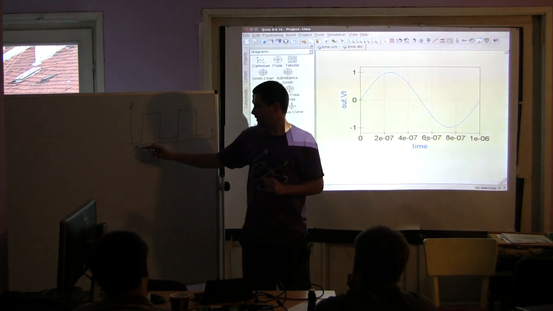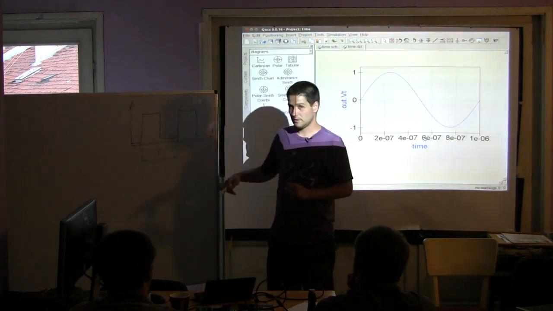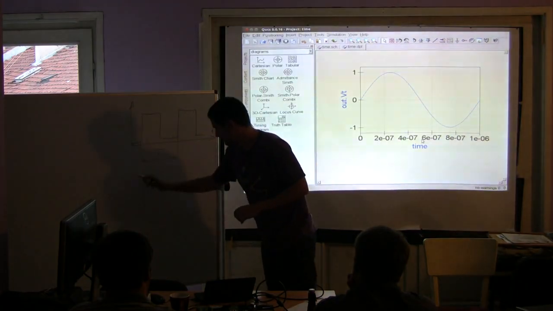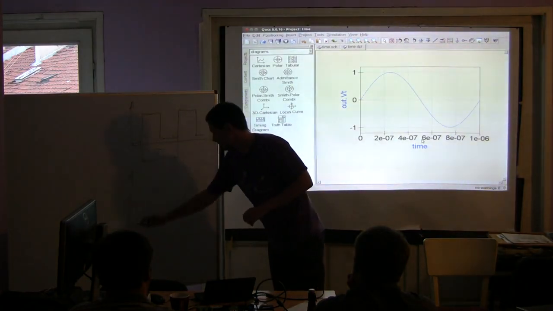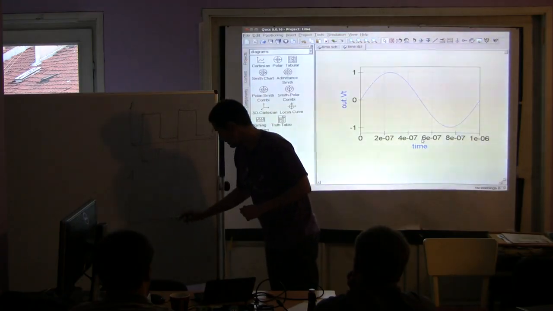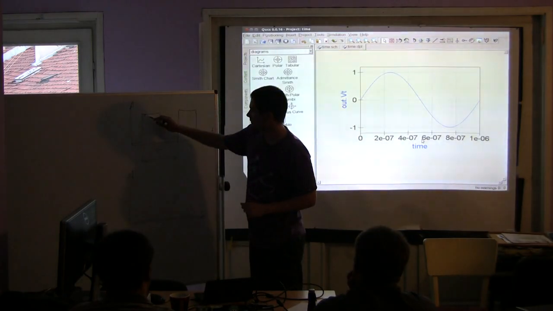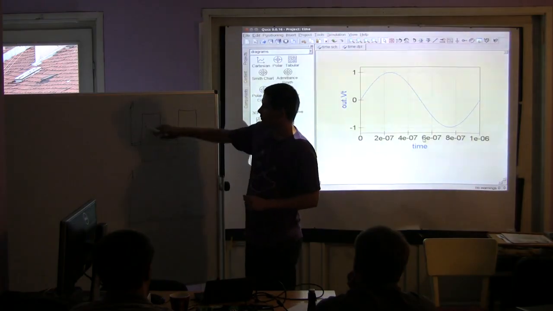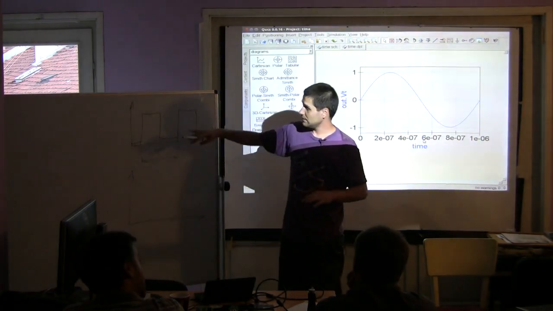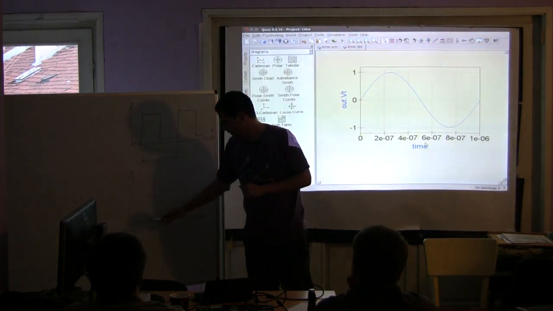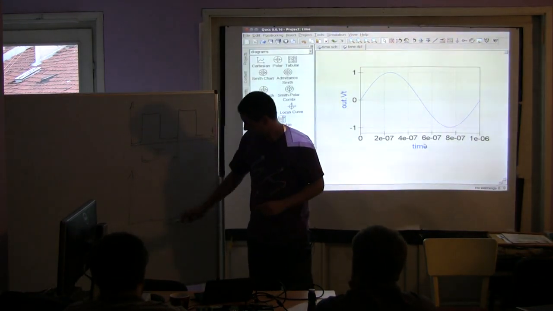So it will consist of a lot of frequencies that will define the shape of this rectangular signal.